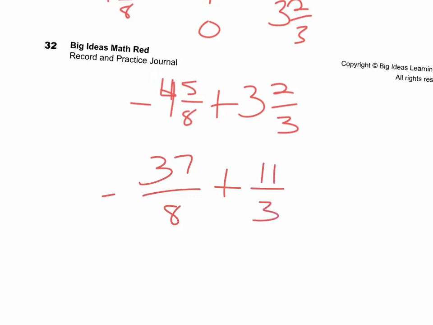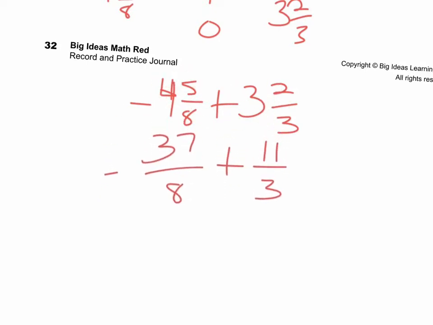Okay, we've got to get a common denominator. The common denominator between the two is 24. So I have to multiply by 3 here, and by 8 up here. So it gets 24. 37 times 3 is 111. And then 3 times 8 is 24, and 11 times 8 is 88.